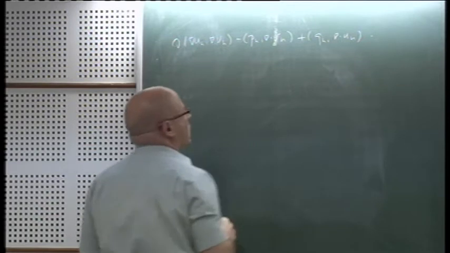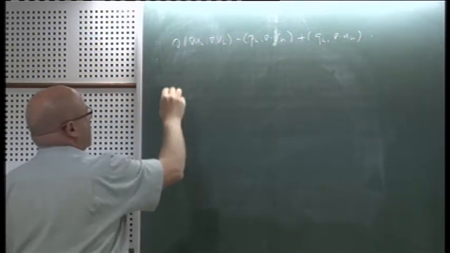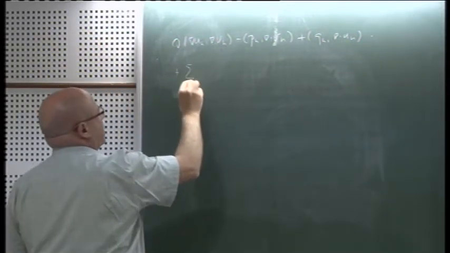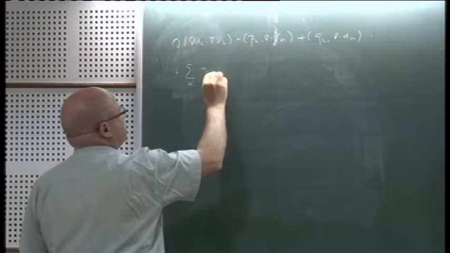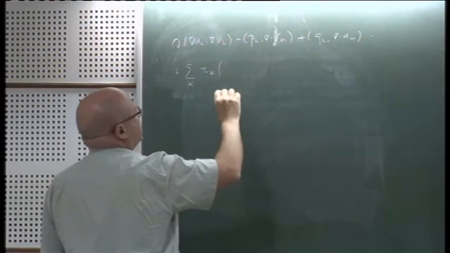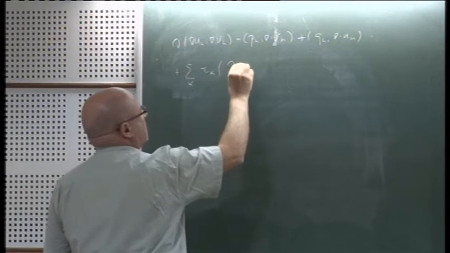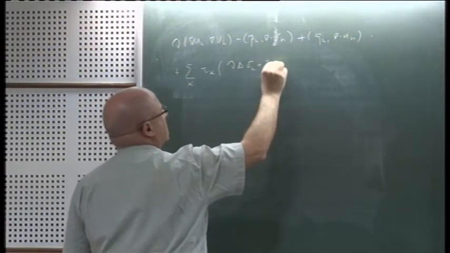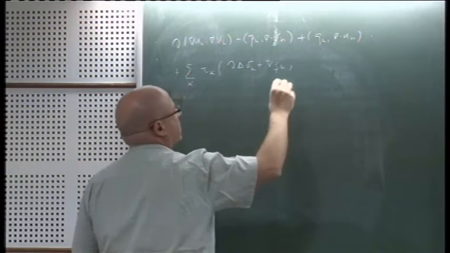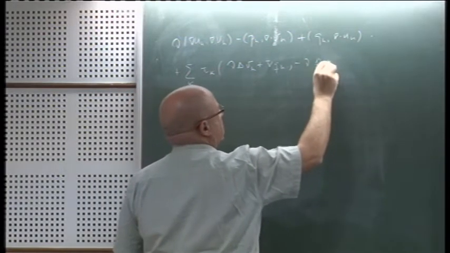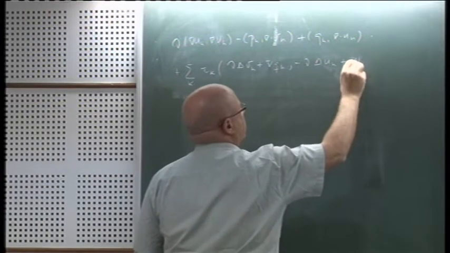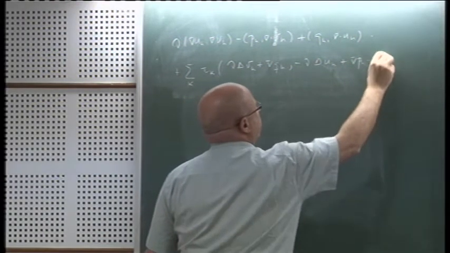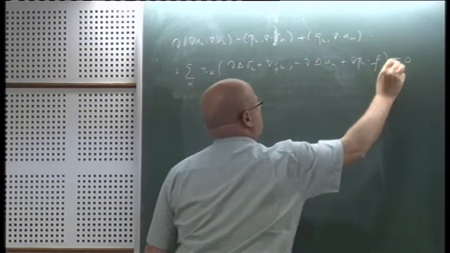Those are the Galerkin terms, plus the sum for all the elements of tau, and then the integral over each element of, I put a plus, I would put a minus, the same thing happens, but it's better to put a plus, gradient of qh, comma, minus nu Laplacian of uh, plus gradient of ph, minus f over element K equal to 0.